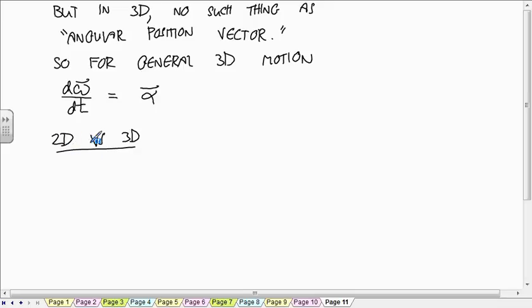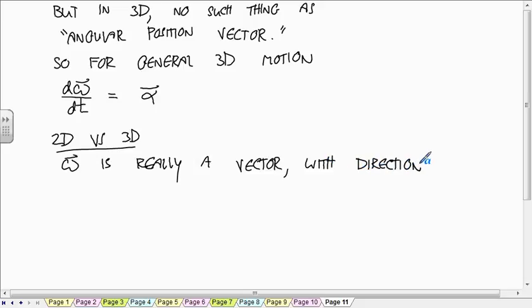Okay, so in 2D and 3D, remember that omega is really a vector with its direction along the instantaneous axis of rotation.